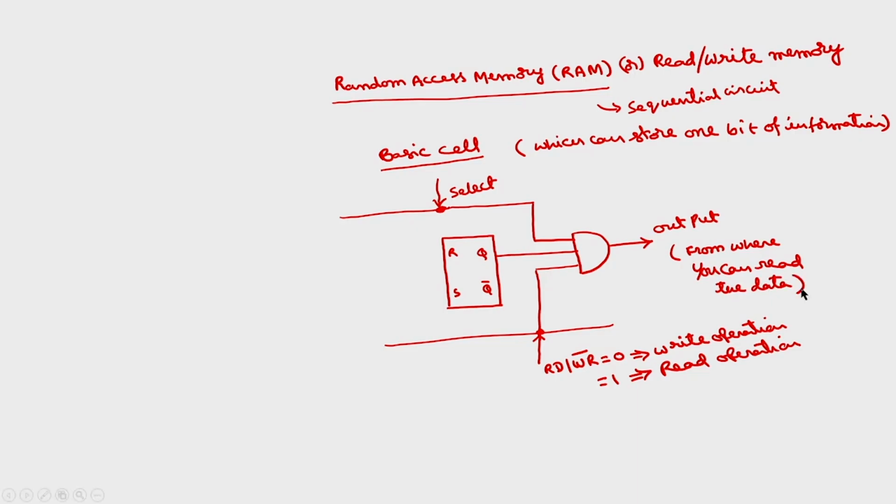And there will be some input where you can give the data. So basically I have 3 AND gates, 3 input AND gates. So this select signal will be common to all the gates. Similarly, read by write bar also will be given to all the inputs.